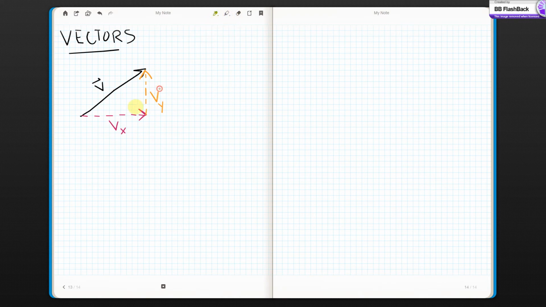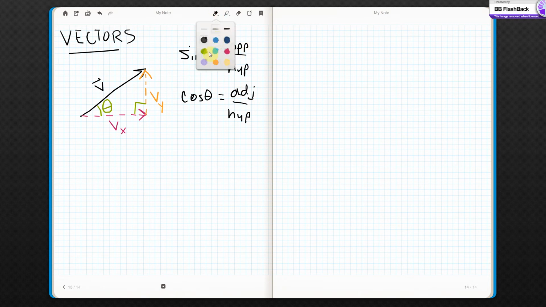Now, what we have here is a right triangle. There's the thing. So if we call this angle theta, this generic angle, any kind of angle, then what I've got here is a right triangle, and I know that sine of an angle equals opposite divided by hypotenuse in a right triangle, and I know that cosine of an angle equals adjacent divided by hypotenuse in a right triangle.